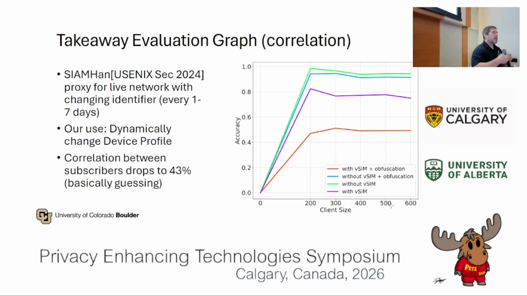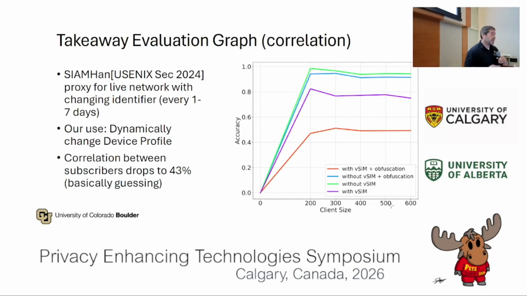All right. With this, we then wanted to evaluate. The key evaluation, what we are after, is privacy, I guess. It's really if we can modify that device profile, can I have different traffic on different profiles and make it so that an operator cannot say, hey, both of them belong to the same person.